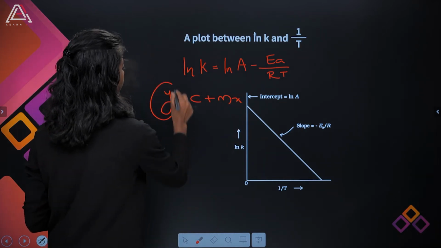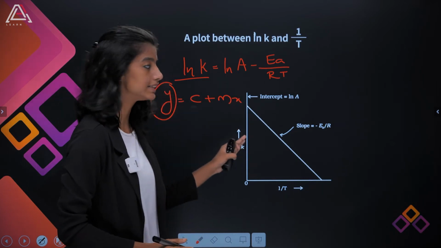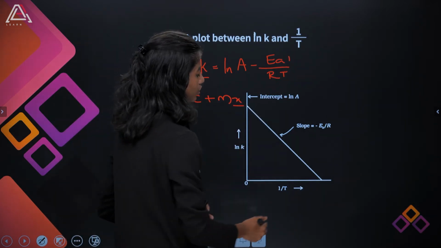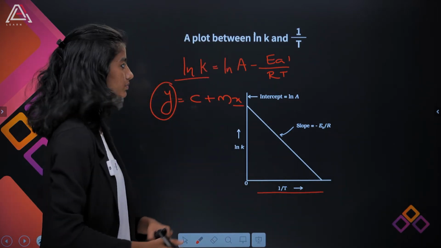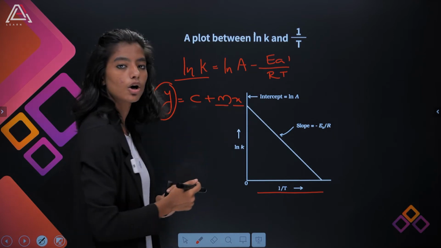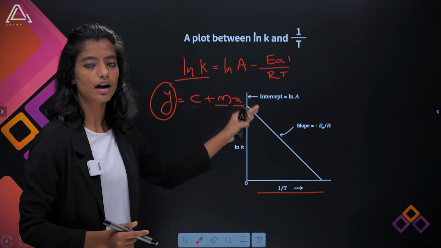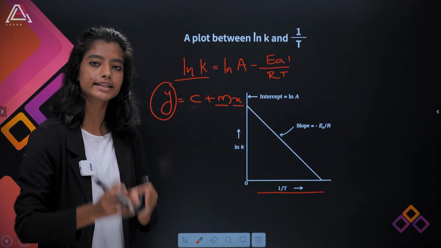So y over here is ln k, and x is 1 by T, so 1 by T will be on the x axis. m is the slope, and the slope here is minus Ea by R. So it is a negative slope.